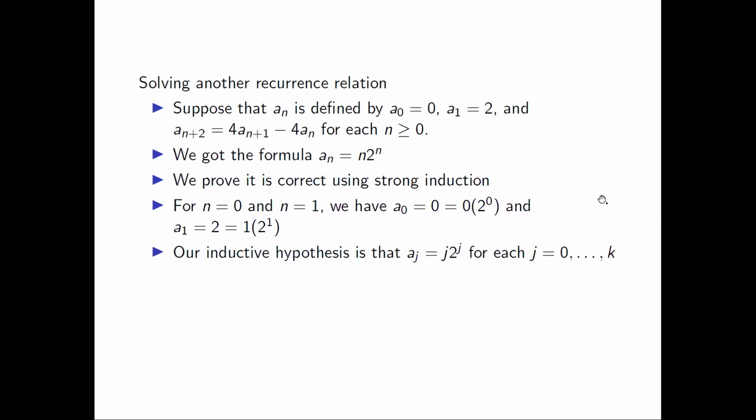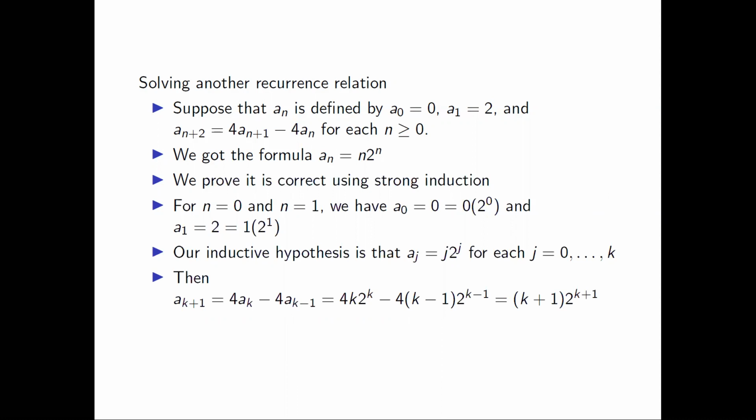Our inductive hypothesis, which is a strong inductive hypothesis, is that a sub j equals j times 2 to the j for each j equals 0 up to k. And we're going to try to prove that a sub k plus 1 equals k plus 1 times 2 to the k plus 1. In order to prove that, we can use the recurrence equation. A sub k plus 1 equals 4 a sub k minus 4 a sub k minus 1.